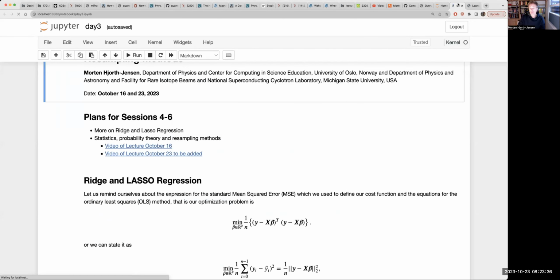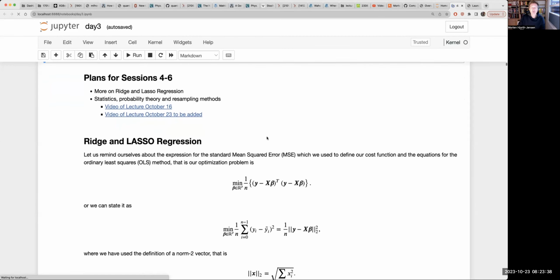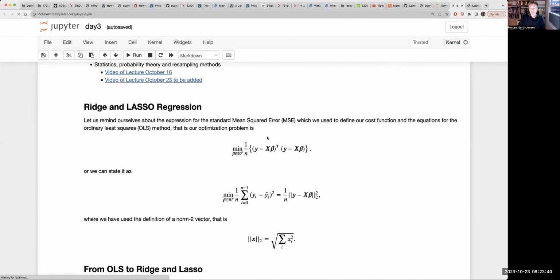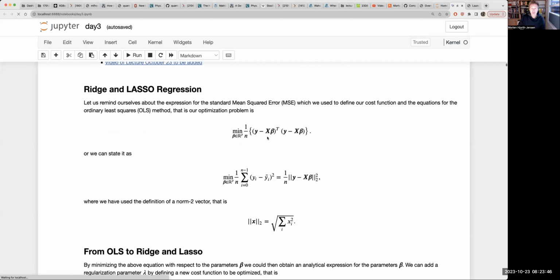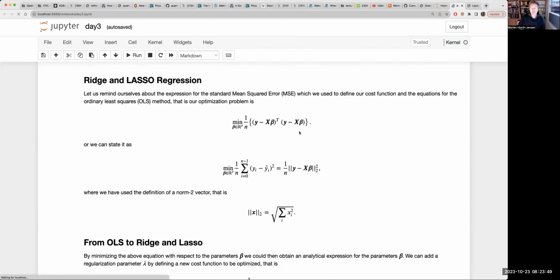Okay. So what we were discussing last week was the derivation and interpretations of ridge and lasso regression. And what we are doing now is that we move away from ordinary least squares, which starts with the mean squared error as a definition of the cost function.